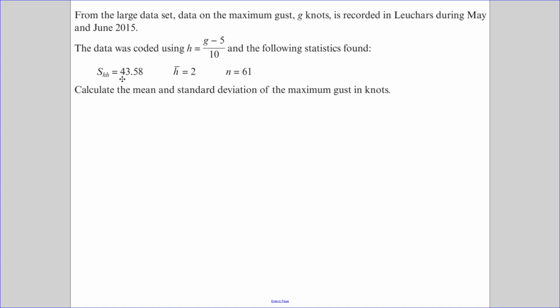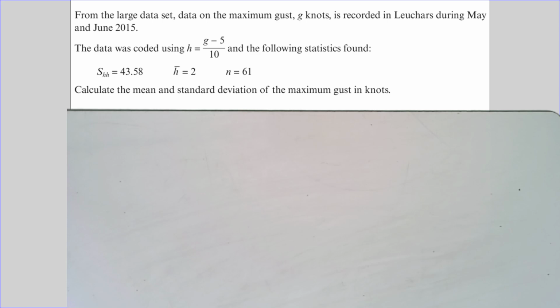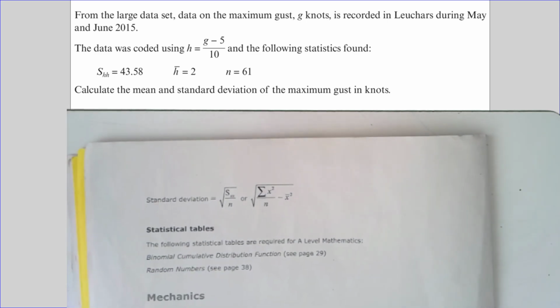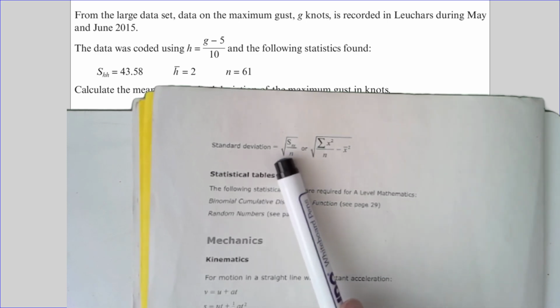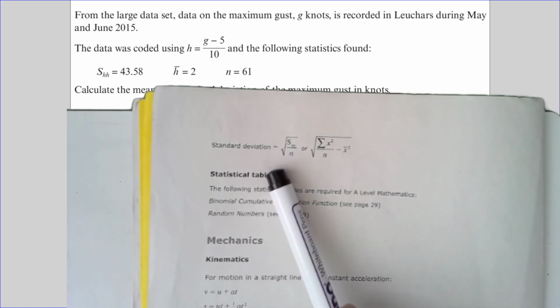This one here, they actually give us SHH. To do calculations with SHH, we need to reach for the formula book because in the formula book, it gives us that our standard deviation is SXX over n square rooted.